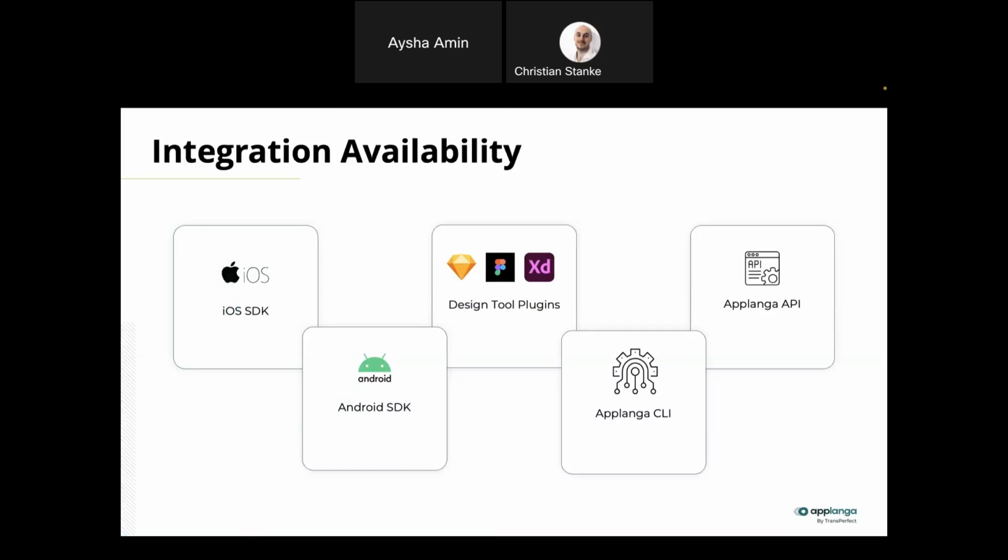It's also available for the Applanga CLI and API integrations. That being said, the Applanga development team is working pretty hard to enable branching for our other integrations, like the React Native, Flutter, and Unity SDKs, as well as the GitHub integration.